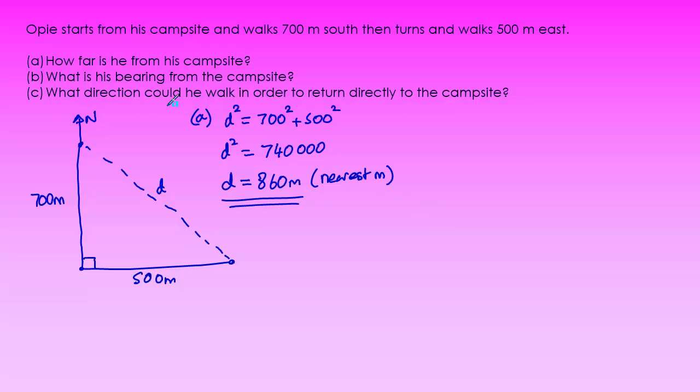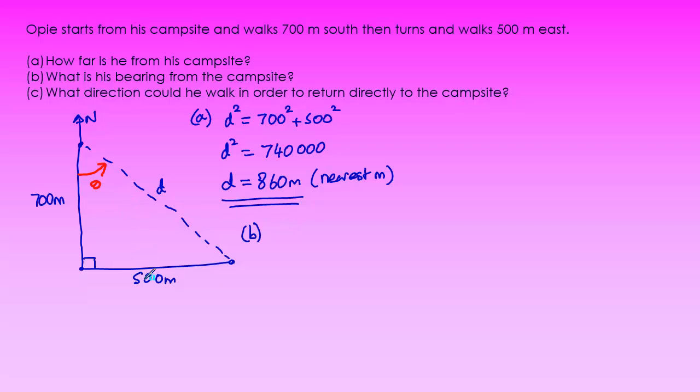We now want to know what's the bearing from the campsite. So he started south and he's gone around towards the east. So if we can work out this angle here, let's call the angle theta, then we can give his bearing as a compass bearing.